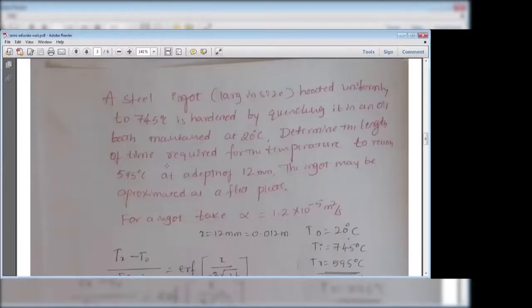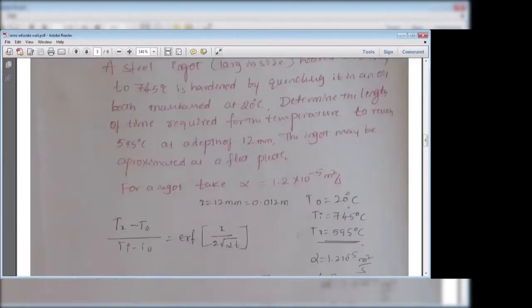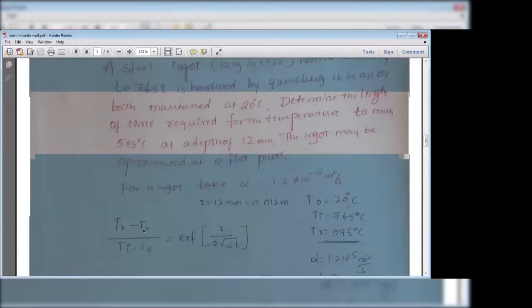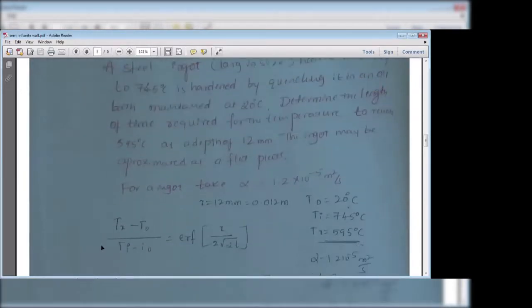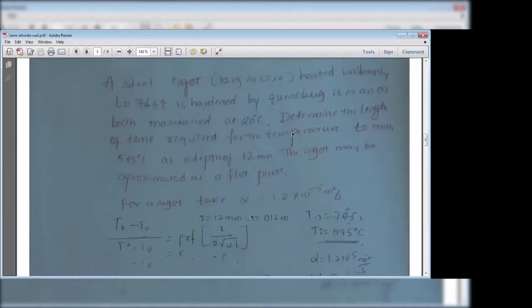Determine the length of time required, t, for the temperature to reach 595 degrees Celsius. What is 595 degrees Celsius? Here that is Tx. You can note this down from the data handbook: (Tx minus T naught) divided by (Ti minus T naught), where T naught is already taken as 20 degrees Celsius, and Tx is 595 degrees Celsius. Determine the length of time required for the temperature to reach 595 degrees Celsius at a depth of 12 mm.